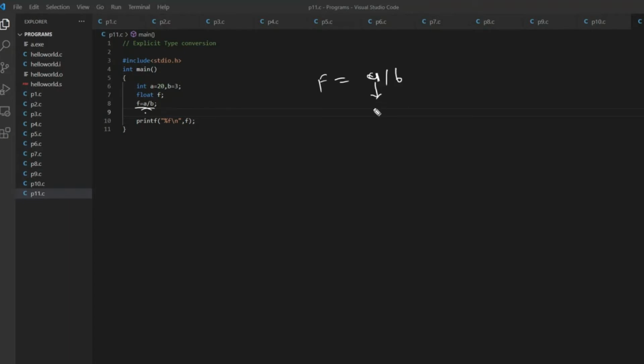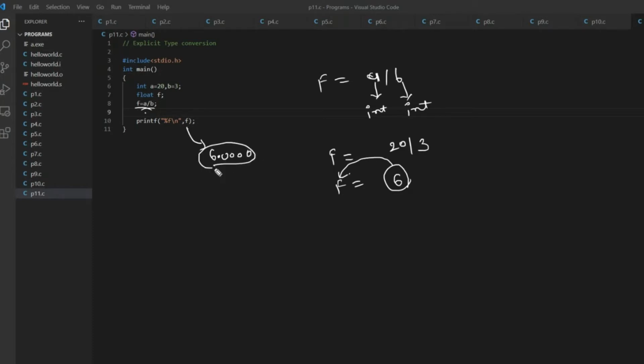A is integer, b is integer, so f is equal to 20 divided by 3, which is 6. This is my integer value. Now I am storing 6 in the form of float and printing it as a float, so it is 6.00000. Why? Because it's a float. Okay, understood.